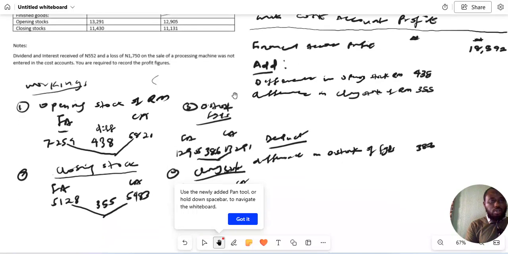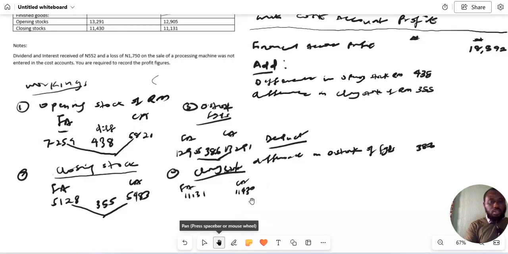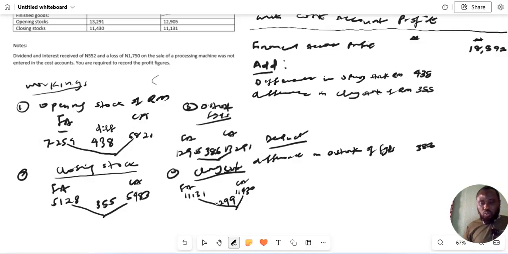Closing stock on the financial account record is lower. Okay, so let's check the difference out. The difference between 11,131 and 11,430 is 299.